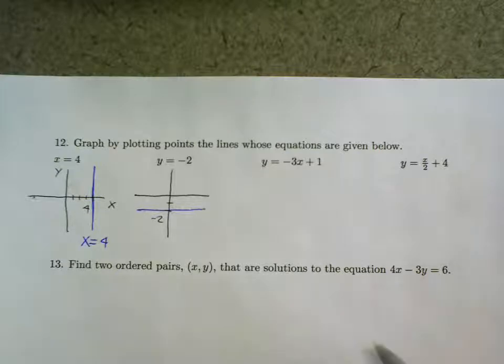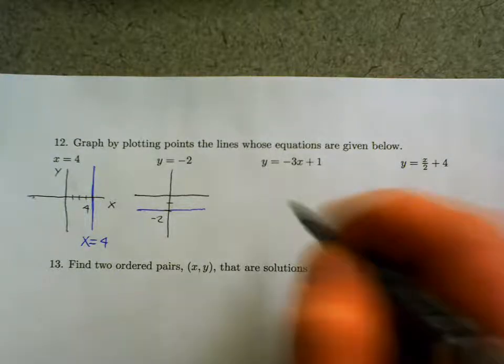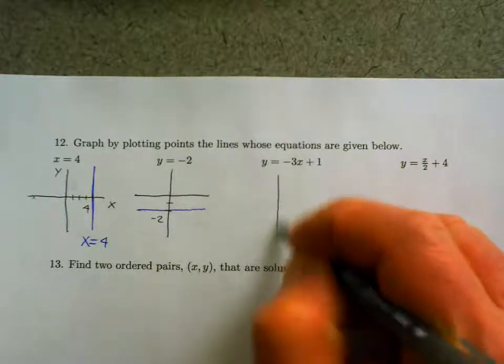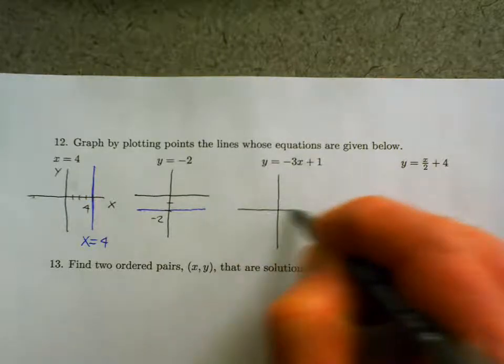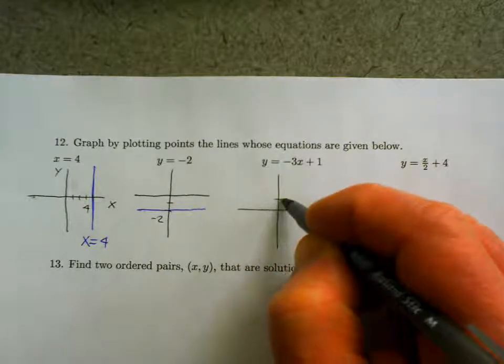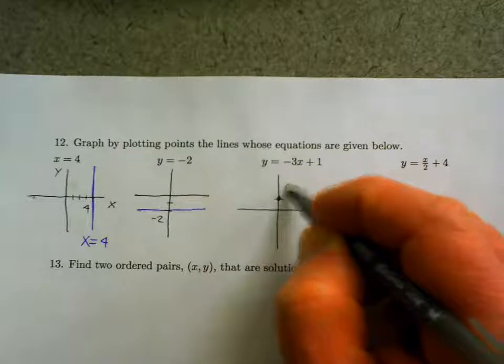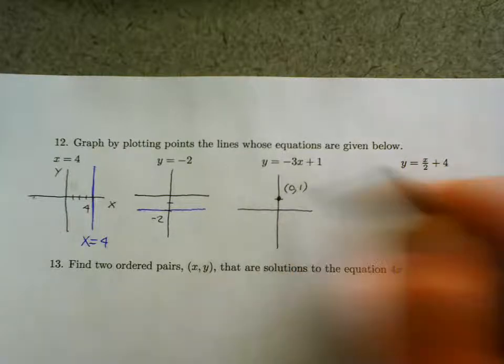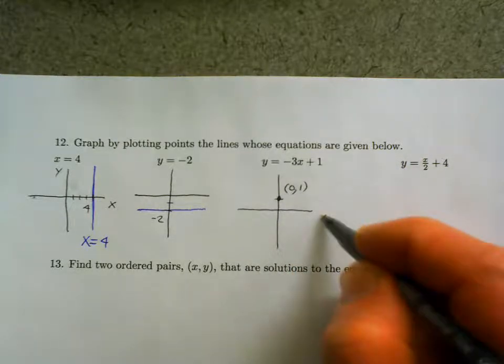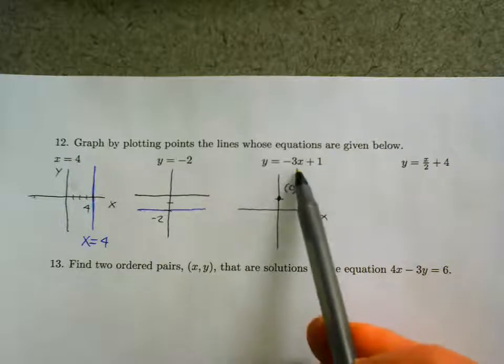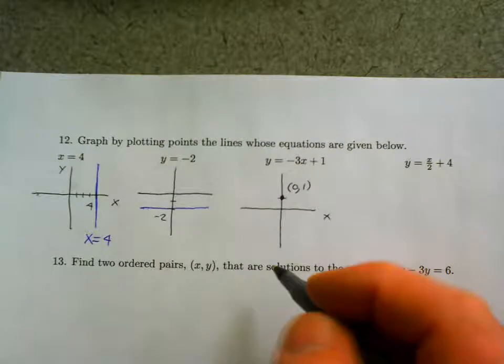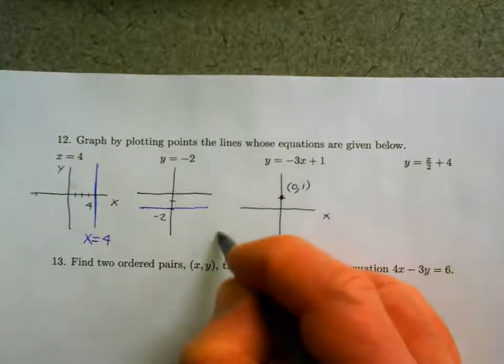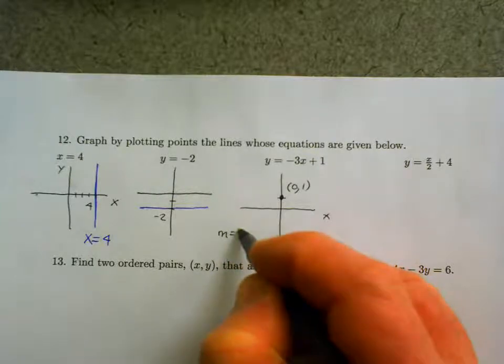Y equals -3x plus 1. We can plot the y-intercept, which is (0, 1). When x is 0, y is 1. And then we can use the slope, -3/1. So just note that the slope is -3/1.